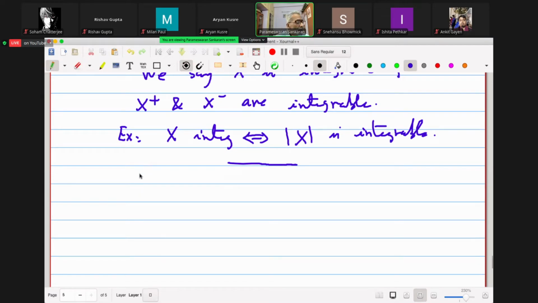So there are properties. So this is a monotone convergence theorem.